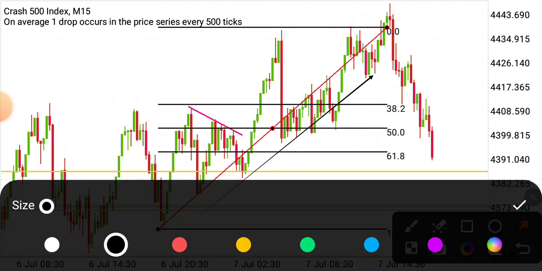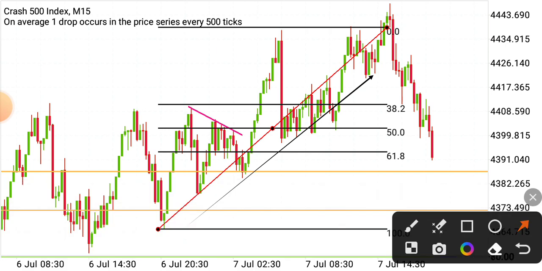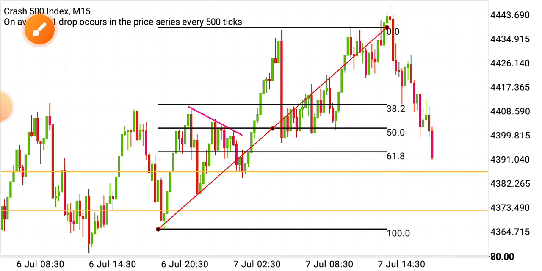That's what you are doing, dragging from the bottom to the top. So if you see something like this, notice the market is bullish. What you need to do is draw the Fibonacci tool from the bottom to the top.